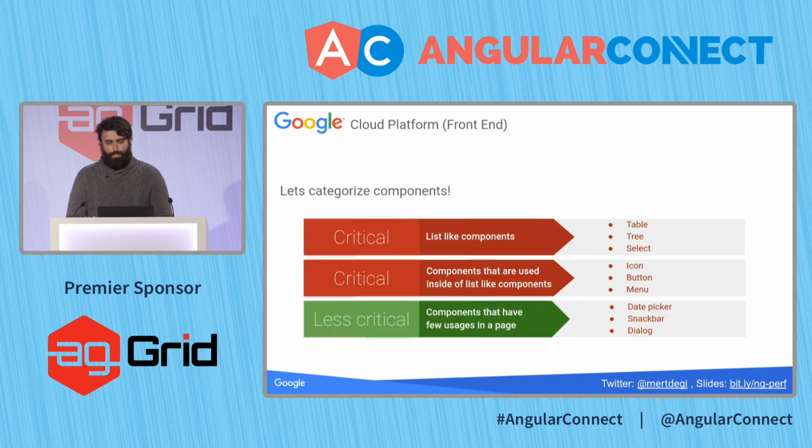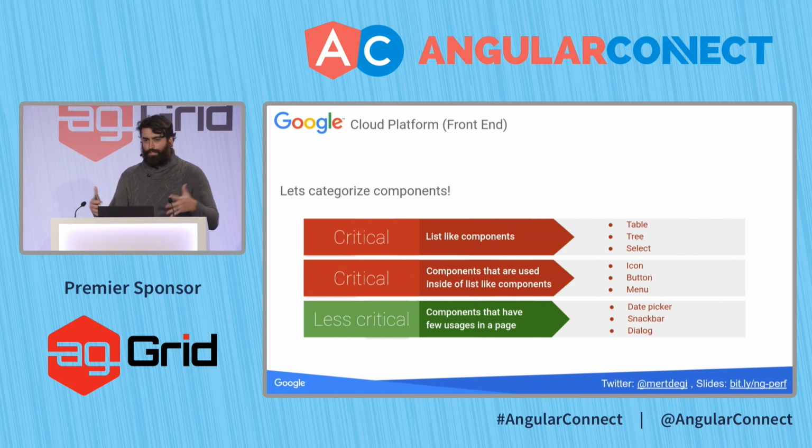Before we go into these learnings I gathered throughout this process, I want to categorize some components because not all the solutions, not all the anti-patterns that I discovered are applicable to all components. So most critical components are list-like components, which are table, tree, select.